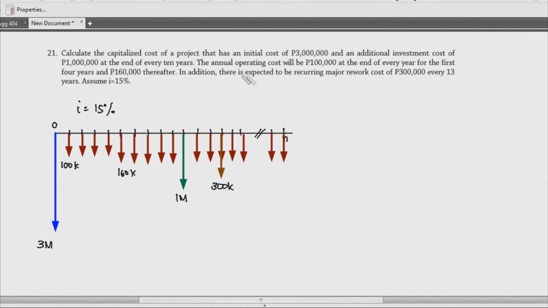We know that the question is the capitalized cost. If we're asked to find the capitalized cost, we need to determine what type of capitalized cost this is, because we have three types: whether it has recurring maintenance or just replacement.